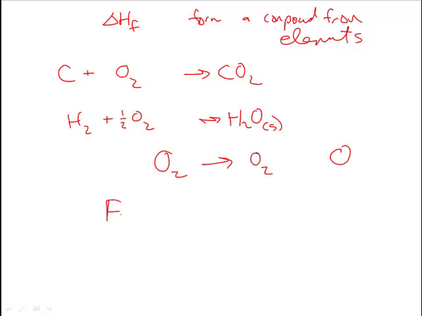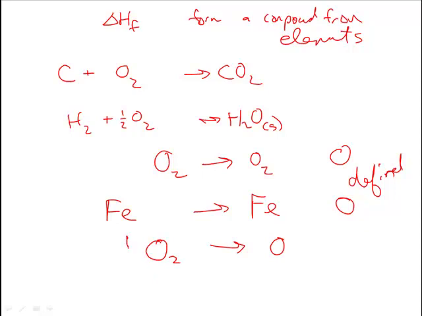If you wanted the heat of formation to form iron, well, iron's already iron, so it's going to be 0. It's defined as 0. Now, if you wanted to form O, that is not the elemental form. So if you want to form O, you have to make it from O2. This is the elemental form; this is not the elemental form.